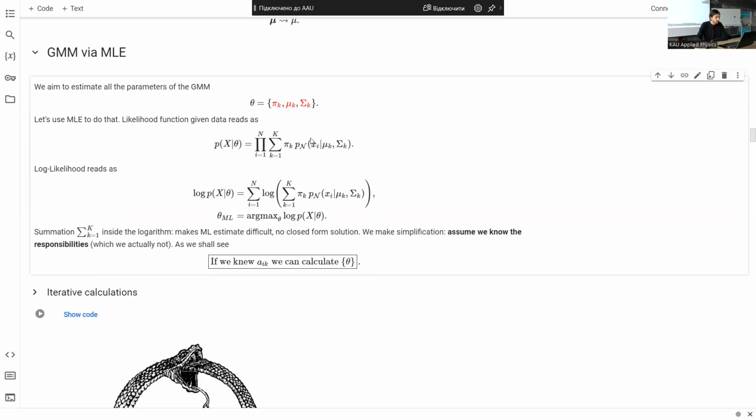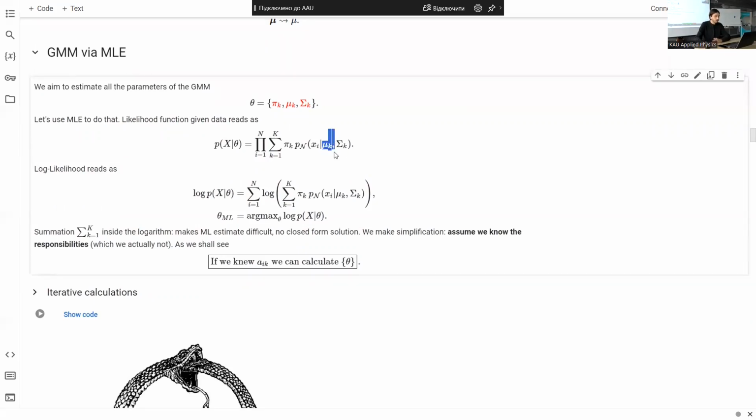What is this expression? We have the probability pi k, that's the probability of choosing one of the devices, and we have a normal distribution in that device. It has its own parameters, so each device has a normal distribution, but they differ in parameters.